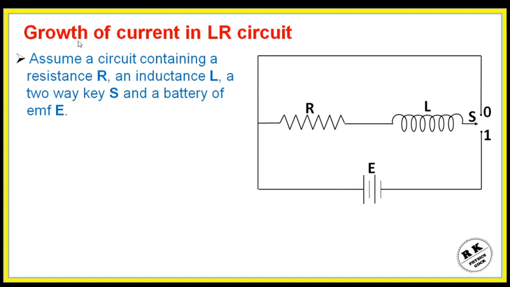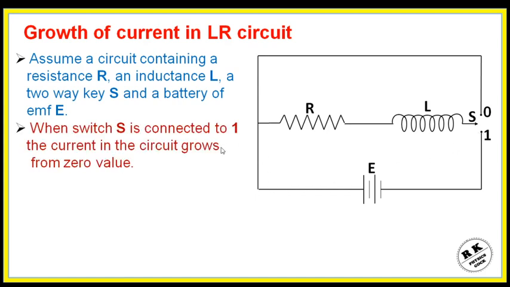Now, in the case of growth of current, we will connect this switch to 1. If the switch is connected to 1, the current in the circuit rises from 0 to some value. Observe the circuit, the switch is connecting to terminal 1. Are you noticing? The switch is connecting to terminal 1.